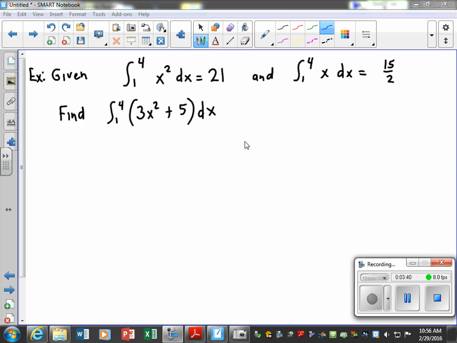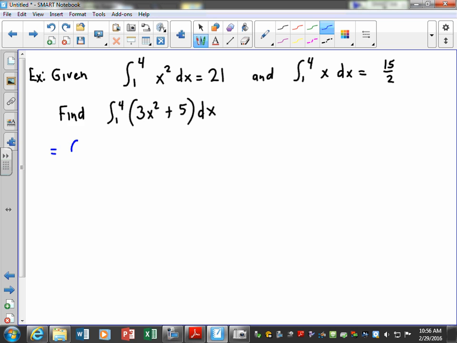So we'll say, let me do it in a different color, that equals the integral from 1 to 4 of the first term, which is 3x squared dx, plus the second term. So we can break these apart into individual. And then using our other property, what can we do with this 3?